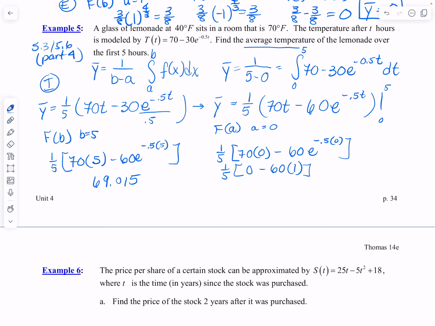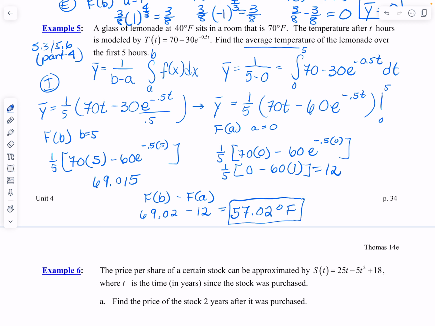I can take 0.2 times 60, and that gives me 12. Now I'm going to take f at b minus f at a. So 69.02 minus 12 equals 57.02 degrees Fahrenheit.